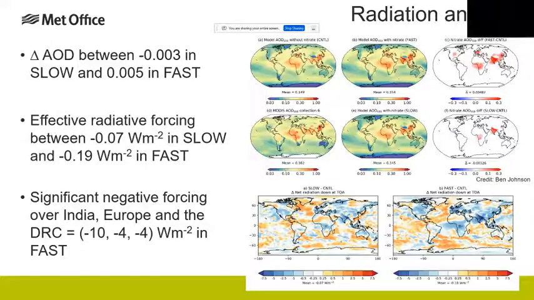These are similar to results from previous studies, but there are quite large regional changes, particularly in the ammonium nitrate regions: Europe, India, China, etc. The effective radiative forcing is minus 0.07 watts per square meter in slow and minus 0.19 watts per square meter in fast. But there are significant negative radiative forcings of up to minus 10 watts per square meter in India in fast. And this suggests that there might be impacts on the monsoon and on other climate phenomena.